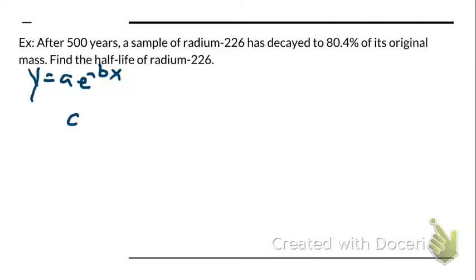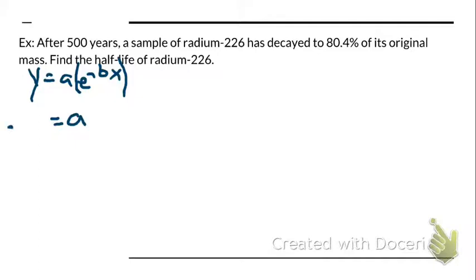So a in the model represents the initial amount, because if you plugged in 0 for time, this part would cancel out, it would just become 1, and you'd get a for y. So that number in front of e in exponential growth or decay is always the initial amount.